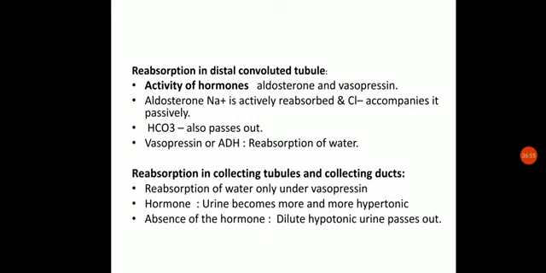While when the hormone is absent, the urine will be hypotonic, and it will have more water. So we can say the main function of ADH, or vasopressin, is to retain water in the body, or to prevent the loss of water, and hence maintain the blood volume and blood pressure.